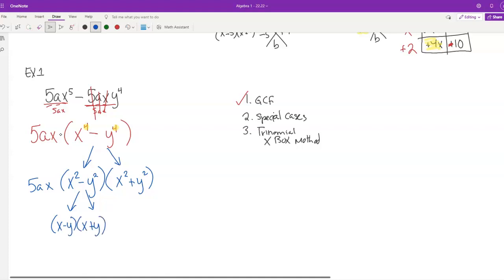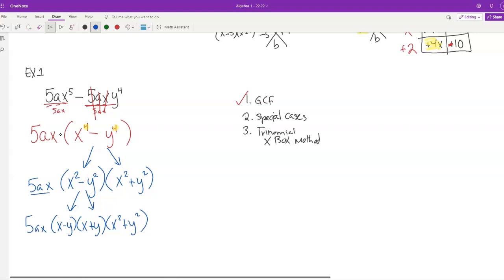I can't go any further with this. It's not a difference of squares, and because there's no middle term, I can't do that factoring. So I'm just going to leave it alone. And again, don't forget about that guy.